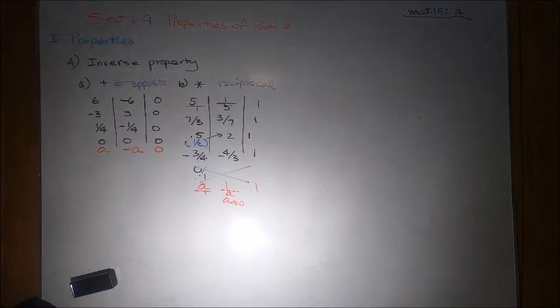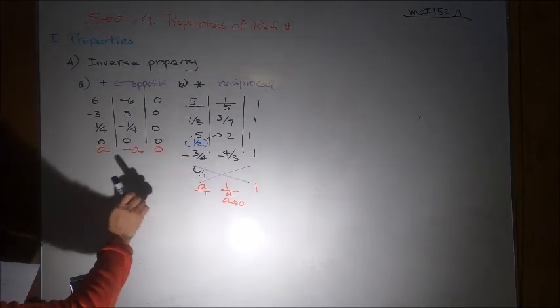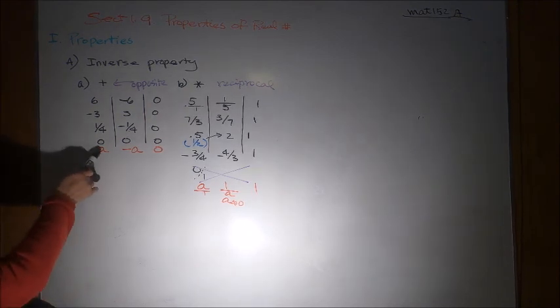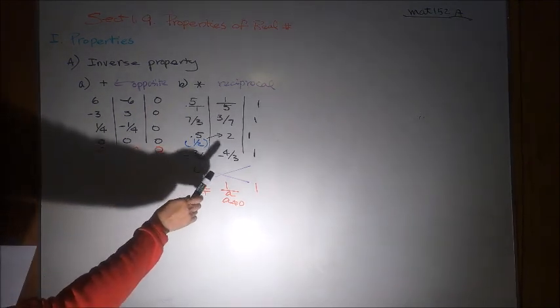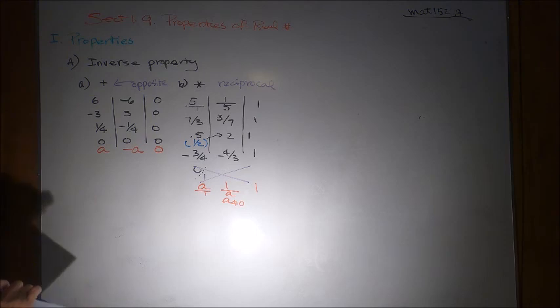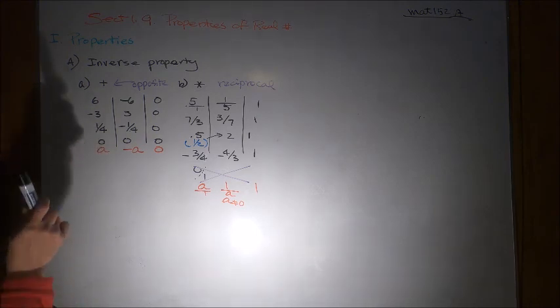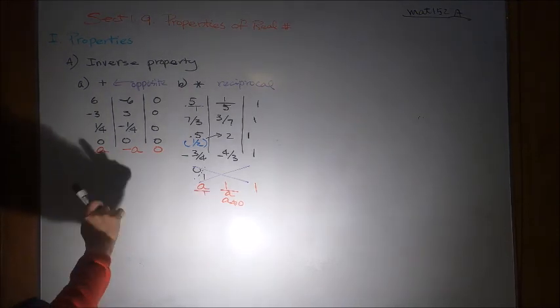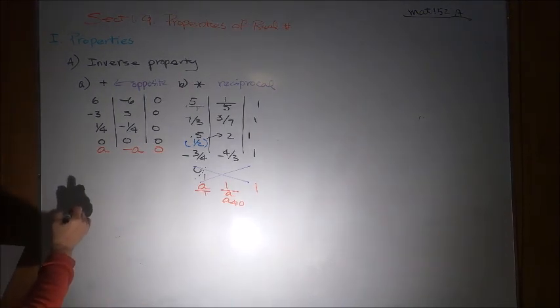Same thing, 1. So first we talk about inverse, right? This one is additive inverse, that one is multiplicative inverse. So for all the numbers, for addition and multiplication, they have such properties. They behave this way, right?